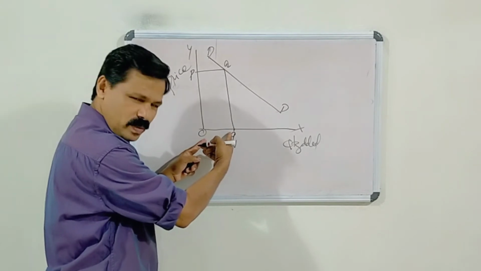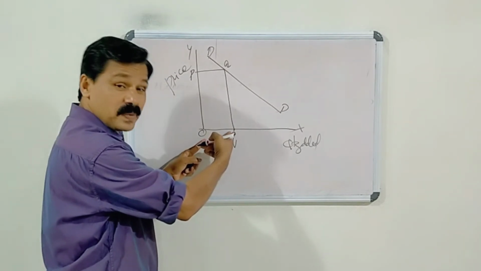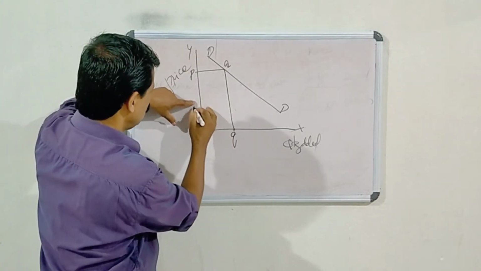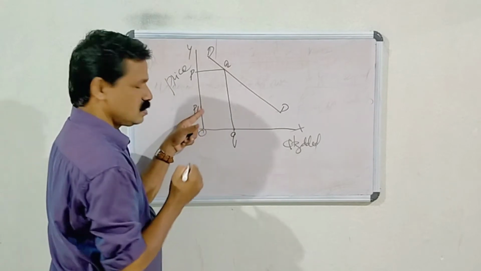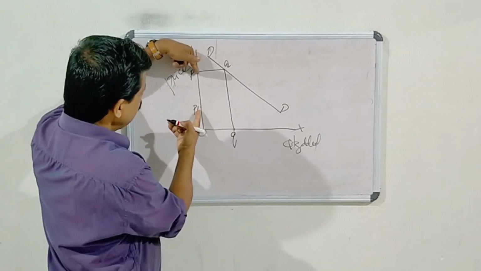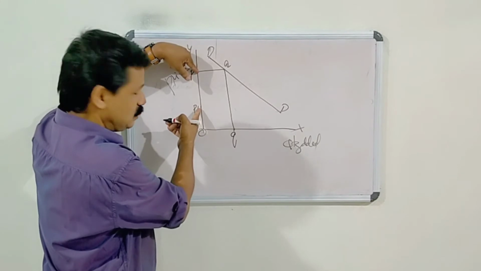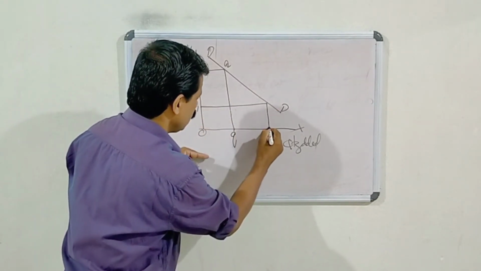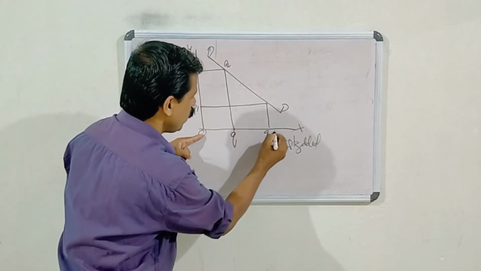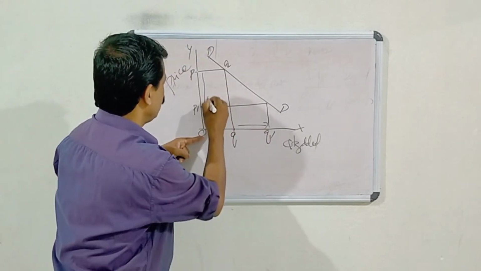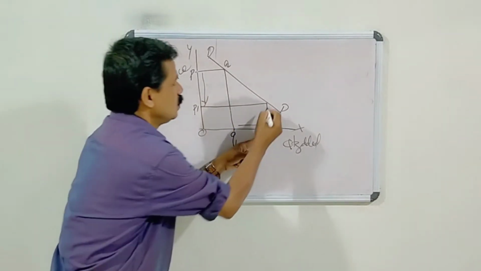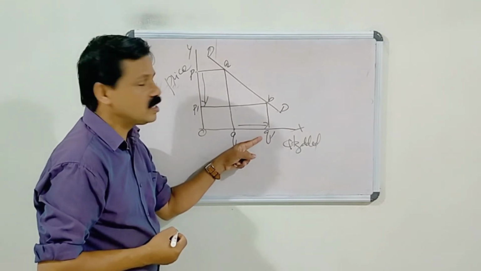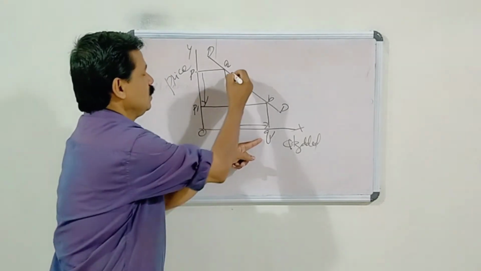And it should be remembered here that if the price of the commodity falls from OP to OP1, this much decremental change in the level of prices can be seen. The quantity demanded will increase from OQ to OQ1. See here, there is downward movement along the demand curve DD.